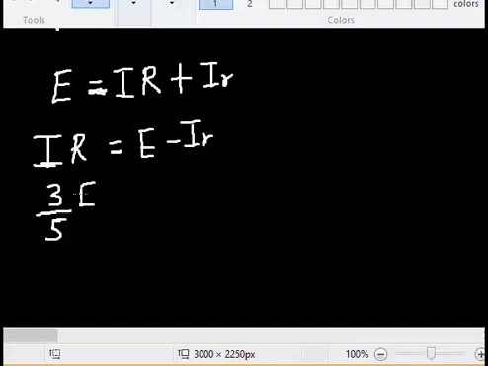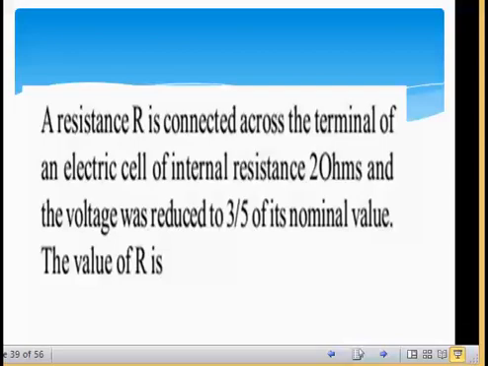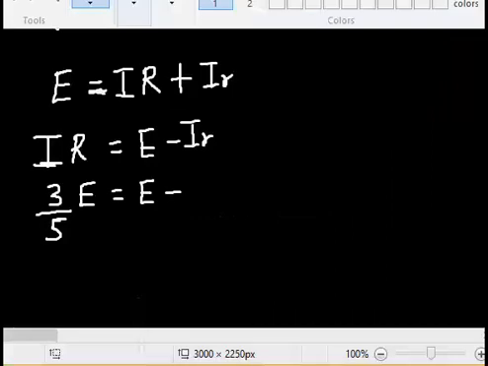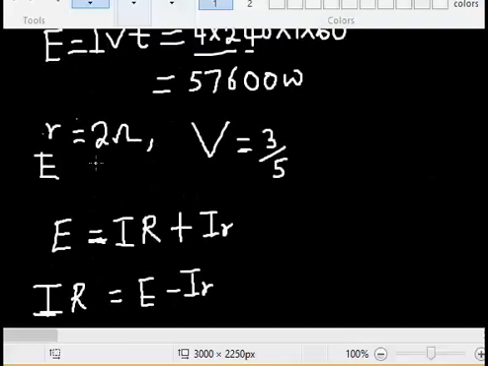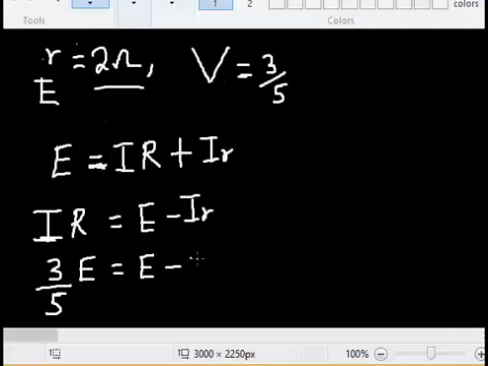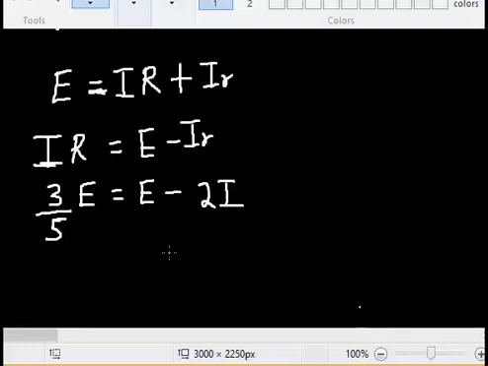Then E minus the current, which was given, times the internal resistance of 2 ohm, so I'm going to have 2I.